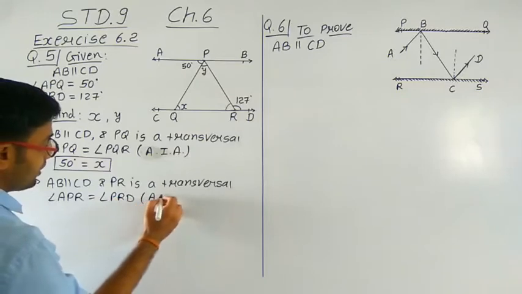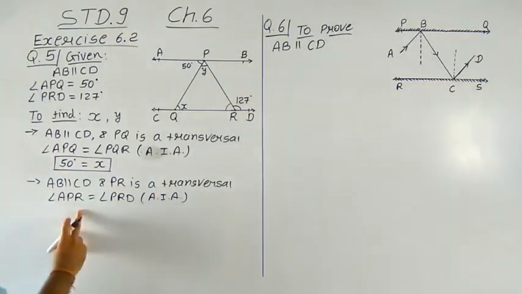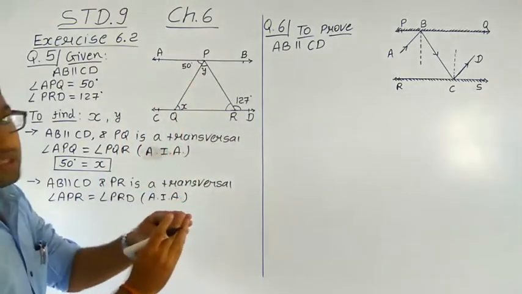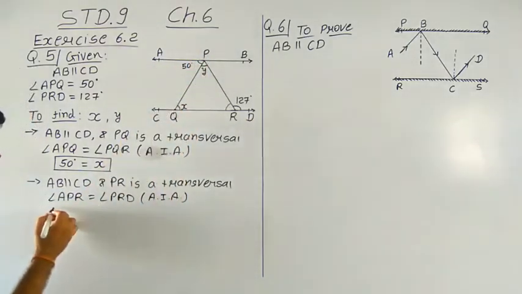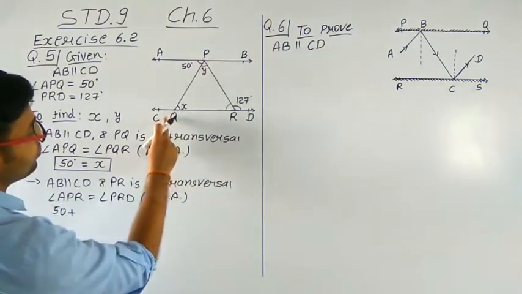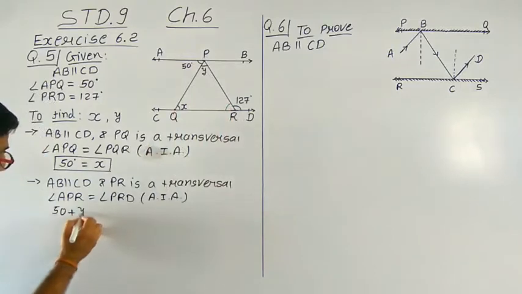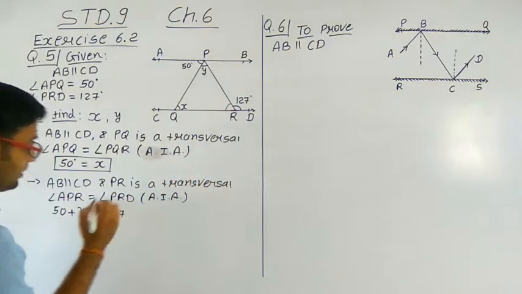Because of alternate interior angles. Right? Now angle APR is what? See, angle APR is the addition of the two adjacent angles. First is APQ, and APQ is what? 50. Plus second angle is QPR, and QPR is what? y. And this PRD is 127.